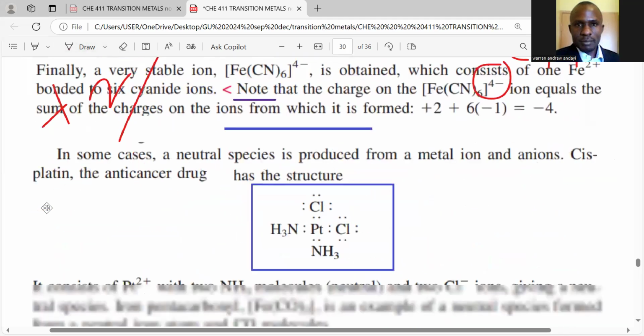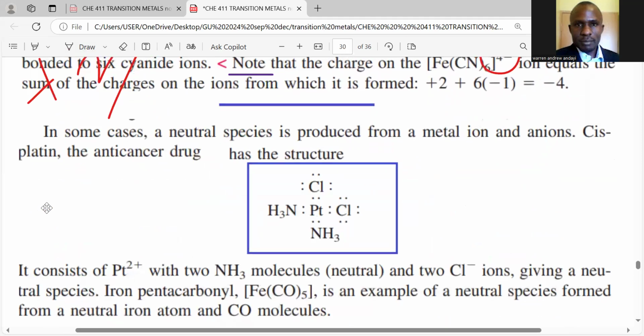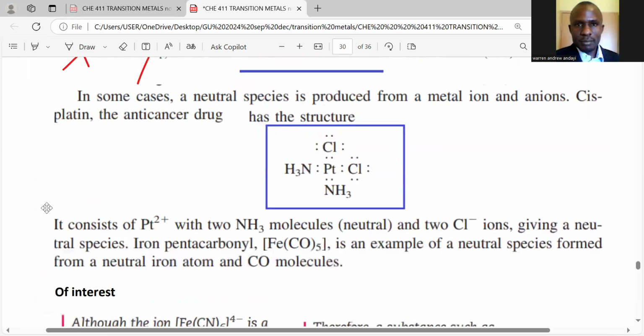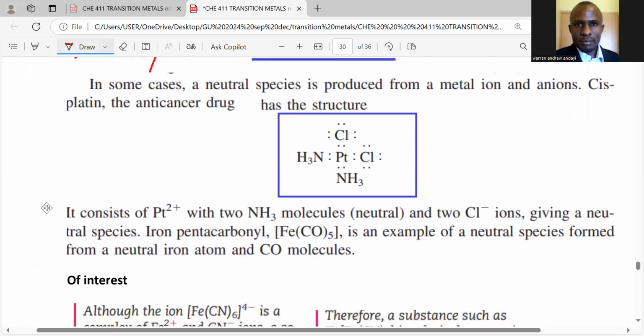Now, in some cases, a neutral species is produced from a metal ion and anions, like here, okay? We get platinum positive here, coordinating to chlorine negative, okay? That will neutralize that to 0, okay?